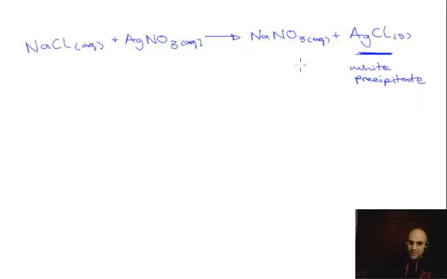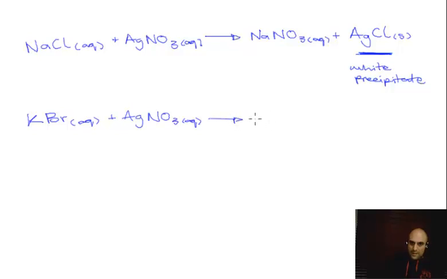Likewise, let's try a different example. Let's say I had some potassium bromide, and it's in solution. I add some silver nitrate, again soluble.